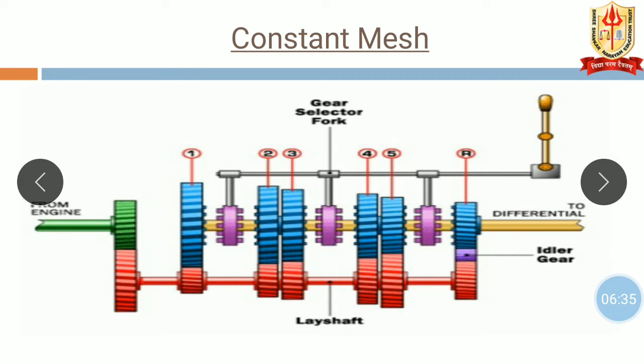When we want to select the second gear, we engage this dog with the second gear. It combines with the second gear, and the power is transmitted through this way, like this.